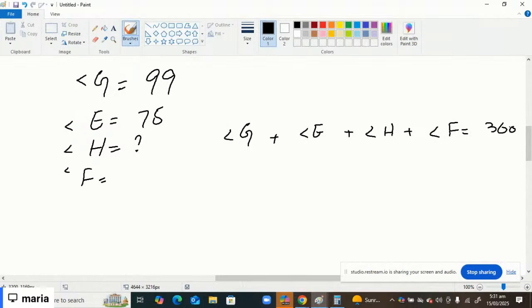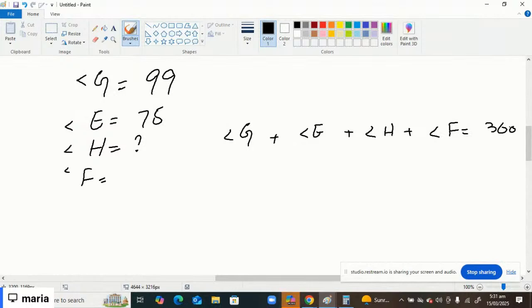Okay. So now when you add all of it, what is the answer? Now just placing the values: in place of G, that is 99. In place of E, just putting 75.